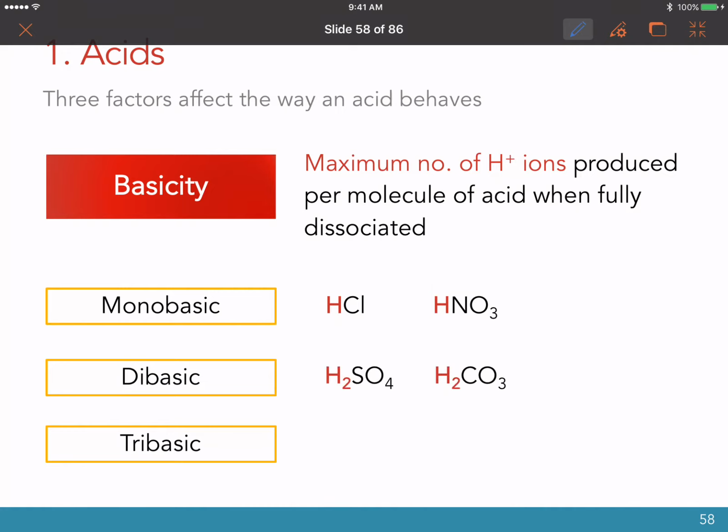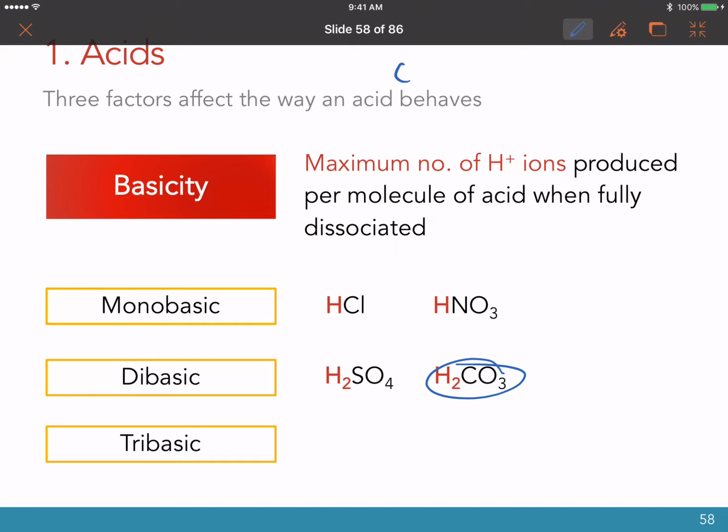A dibasic acid would be like your H2SO4 or carbonic acid, H2CO3. Now this is something new that I haven't talked to you about. Do you drink carbonated drinks? Gassy drinks? So how do we make gassy drinks? Under compressed pressure, we pump carbon dioxide into the solution.